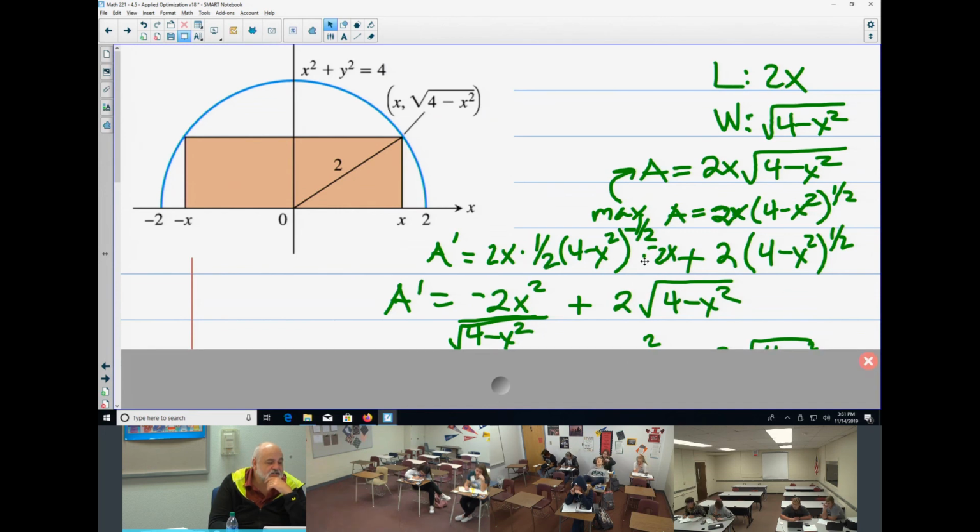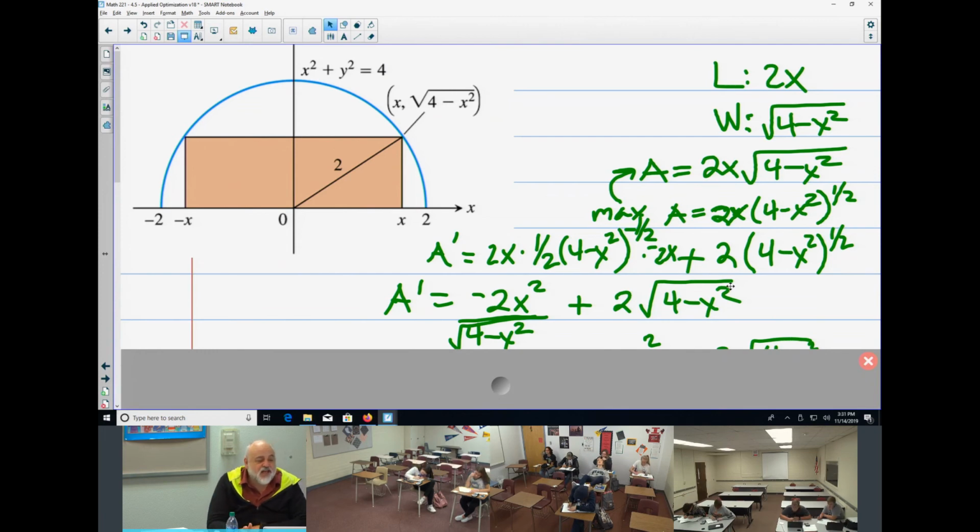So you have x times negative 2x, which is negative 2x squared. And then I put this as a radical in the denominator, plus 2 times the radical of 4 minus x squared.